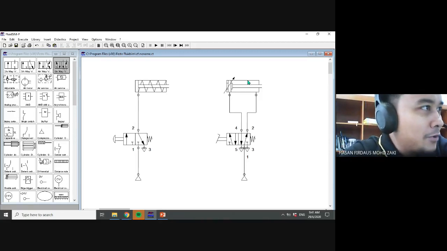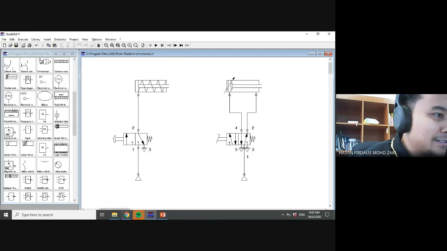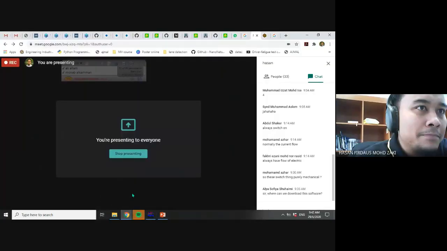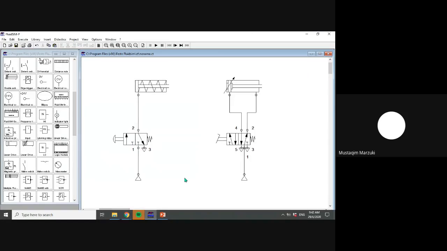Any more questions? Sir, can we make the shaft move at the mid position, not only retracted and advanced, but move to the mid position?